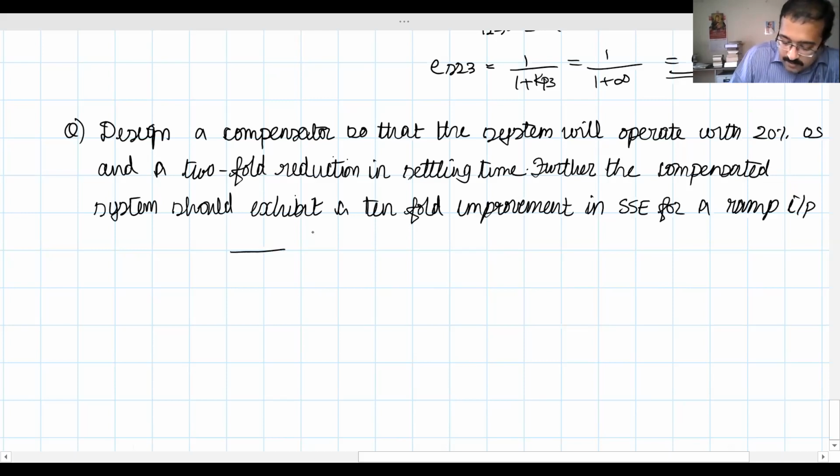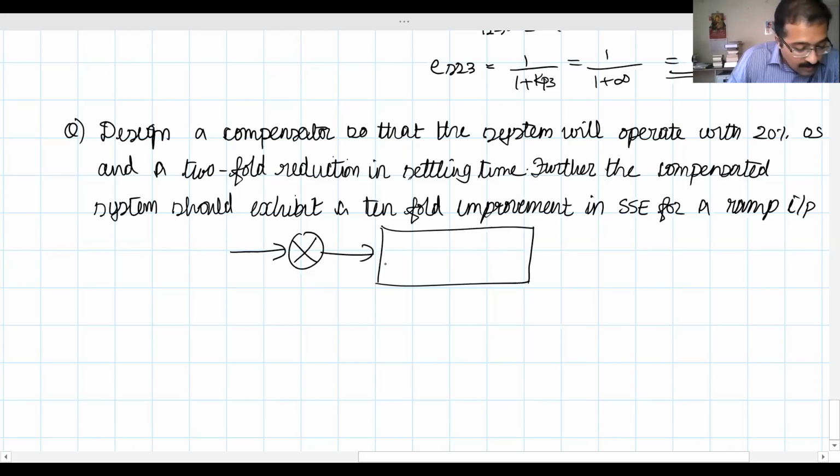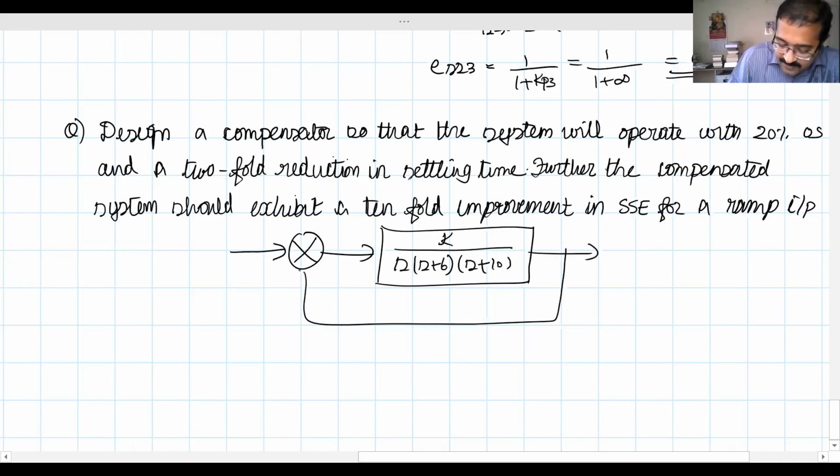So this is the figure configuration given to us. This is the plant: K divided by S into S plus 6 into S plus 10.